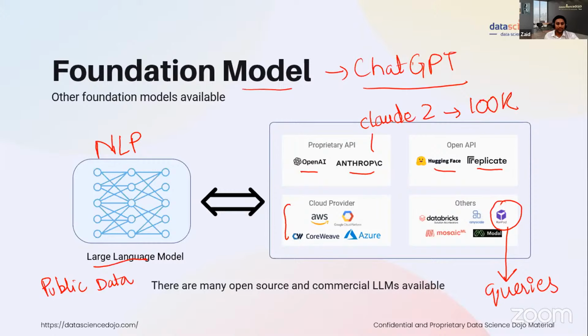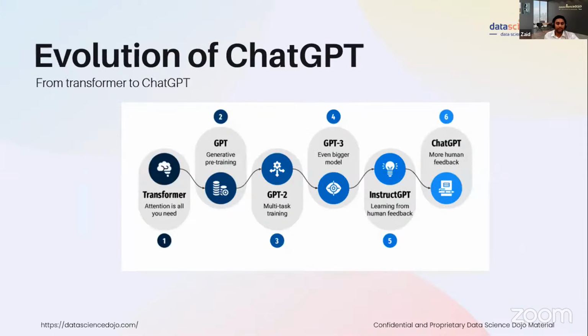So let's understand the evolution of ChatGPT. There are 6 phases of what we now see. ChatGPT was once a transformer, and the backbone of this transformer was this particular paper, Attention is All You Need.